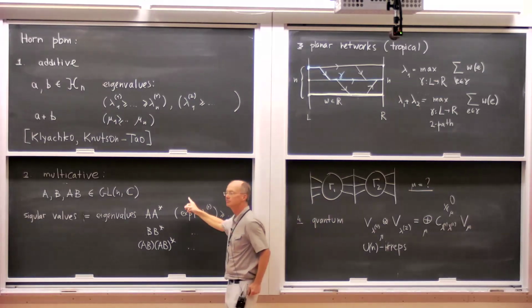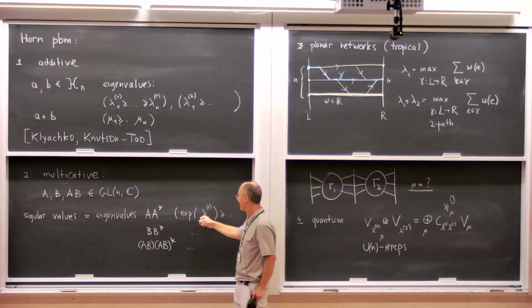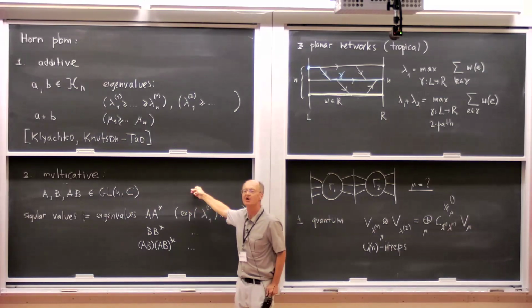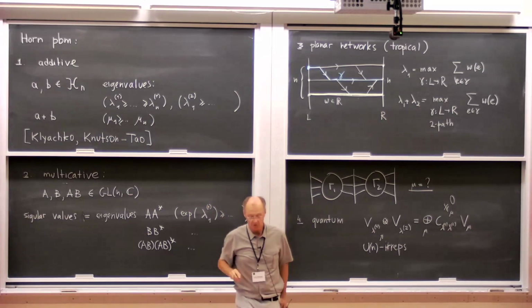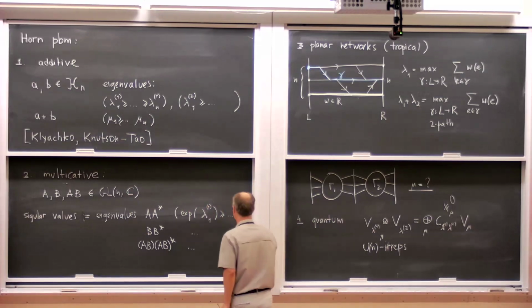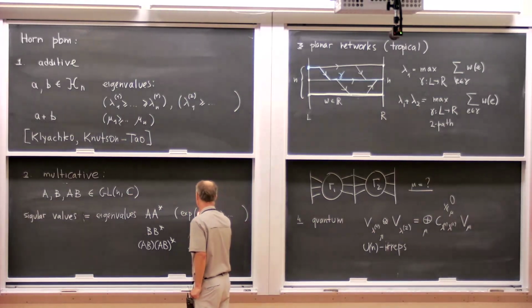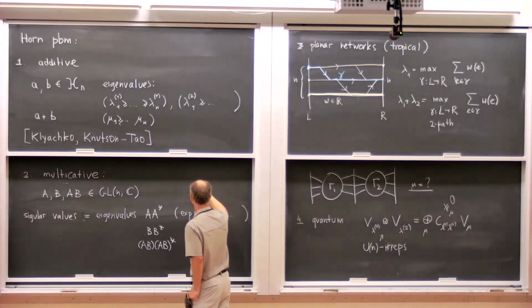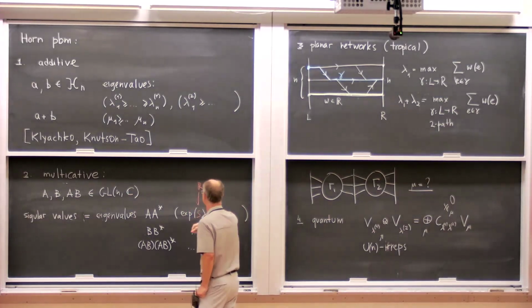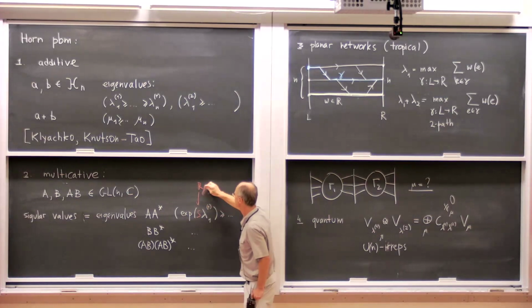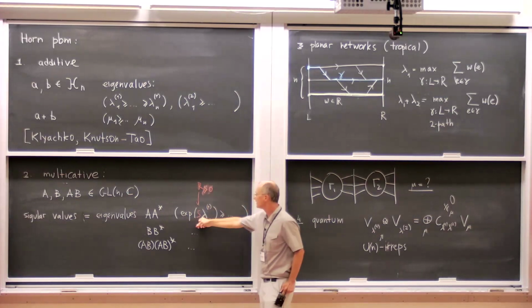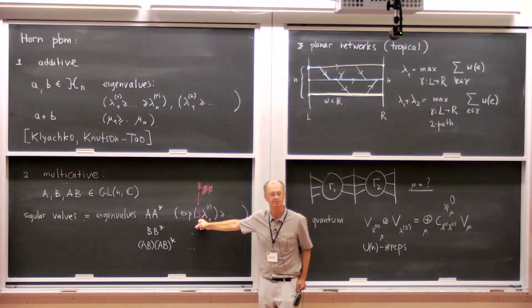In fact, the multiplicative problem, if you want, you can actually interpret it as a family of problems. So I can place here, maybe to simplify things, a positive real number.